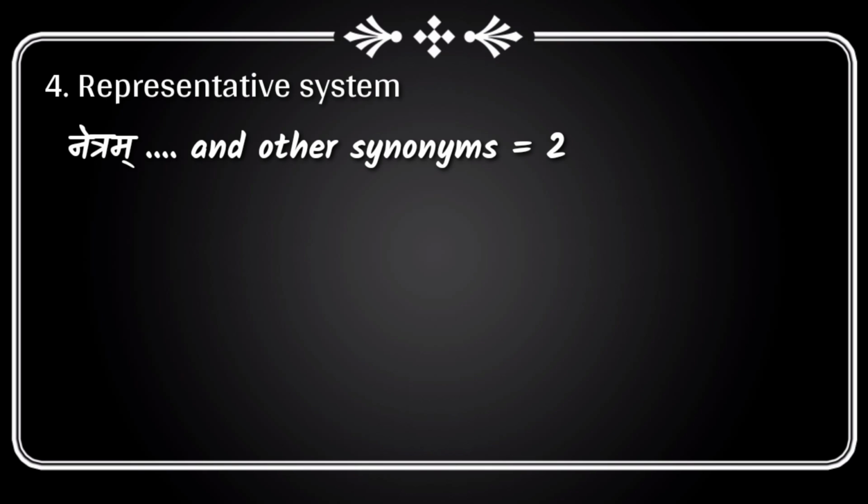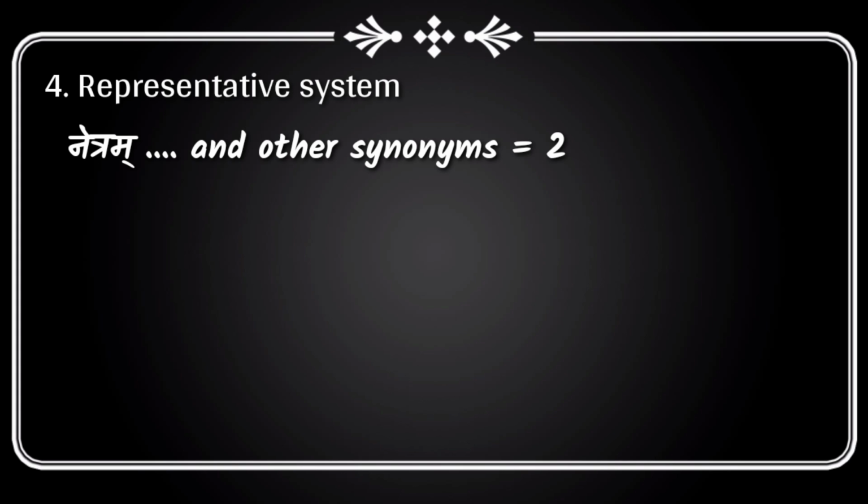For example, you have 2 eyes, right? So what you do is associate the number 2 with eye. Now netram, that is a synonym of eye in Sanskrit, has the value of 2, and similarly akshi, another synonym of eye in Sanskrit, has the value of 2.